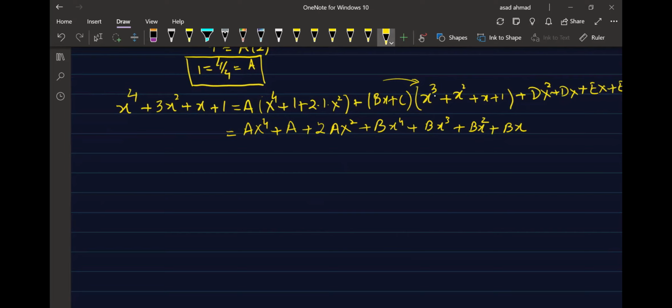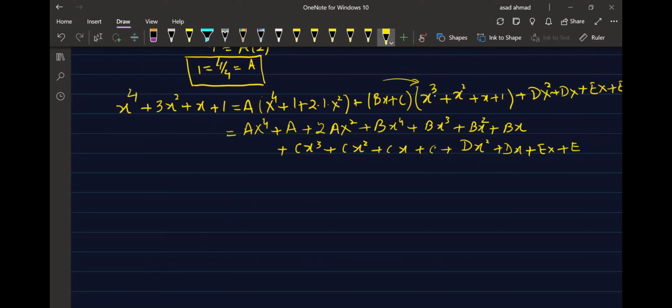Then c will be multiplied. I would write it in the next line. It will become cx3, cx square plus cx plus c, and dx square, dx plus ex plus e.